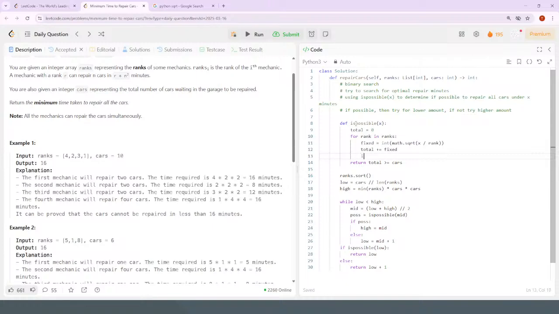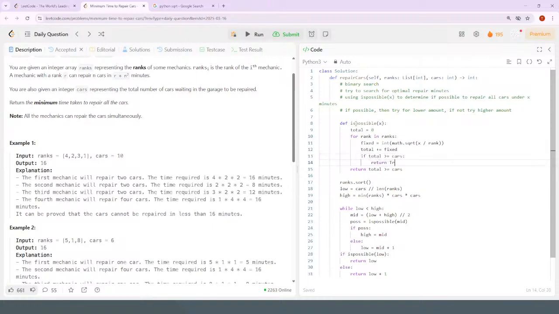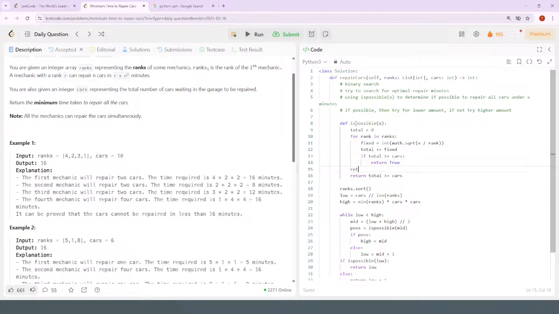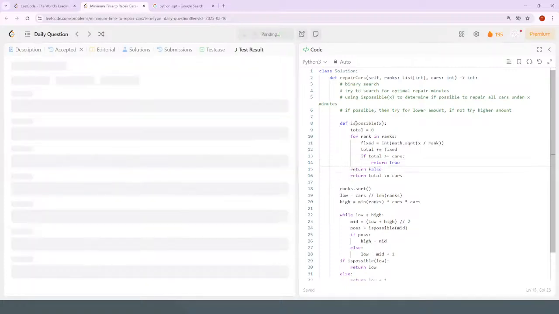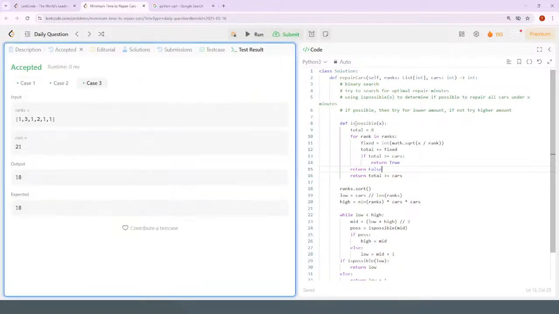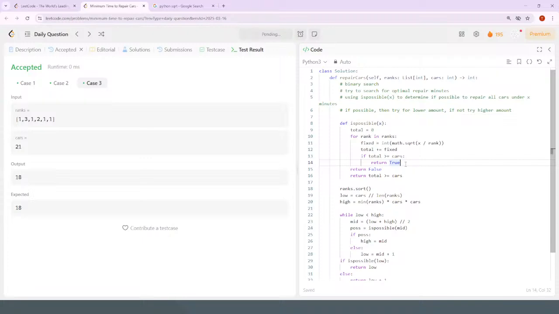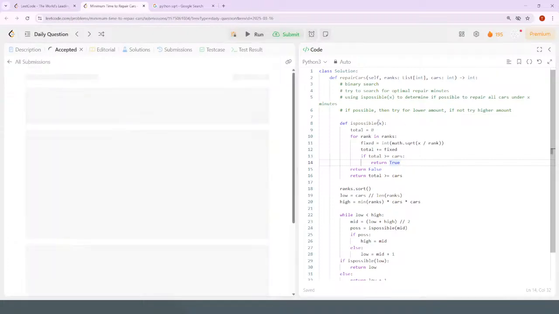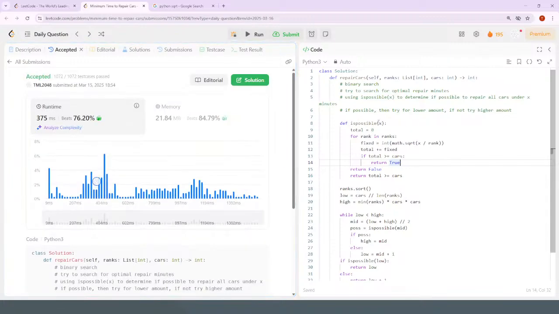So total plus equals fixed. If total is greater than or equal to cars, return true. At that point you just return false. It does a little bit of short circuiting, so you never actually use more than you need to. Okay, so that at least went slightly faster.